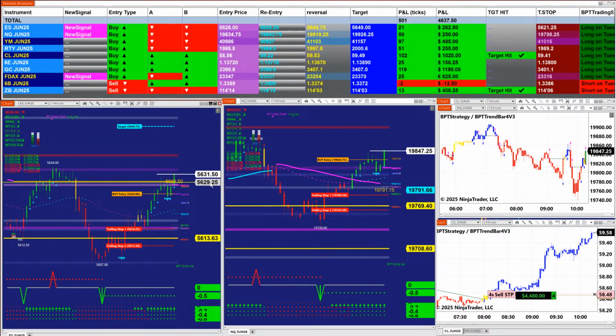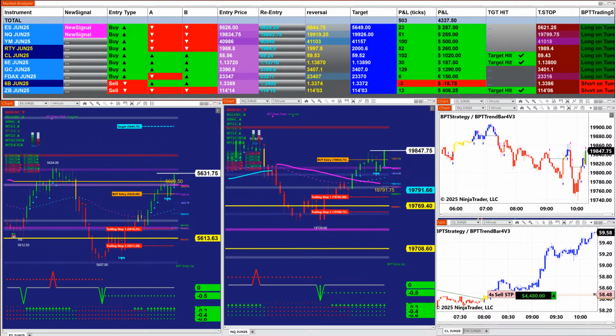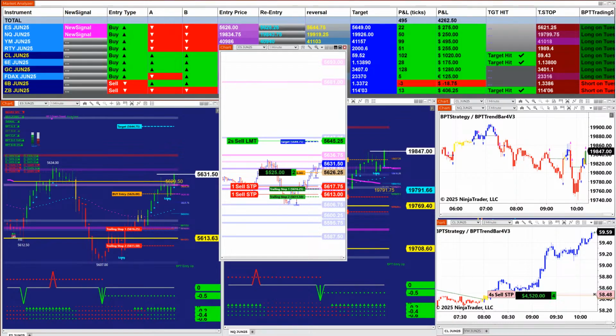So right now, as we see here, we have a new buy signal from the market analyzer, and we have a Nasdaq buy signal on the market analyzer. The market analyzer has its own auto trades as well. The market analyzer has 5 different automated trades, and from the signal we got, we already took those trades.